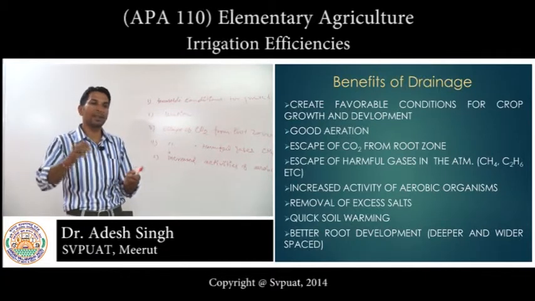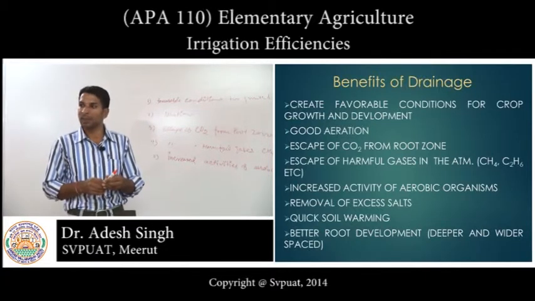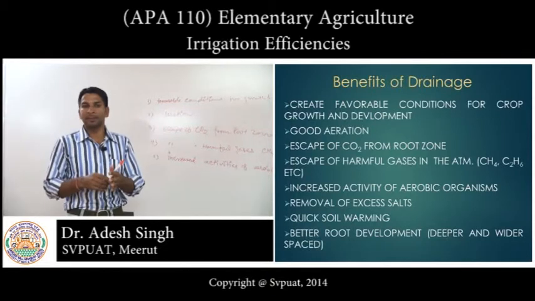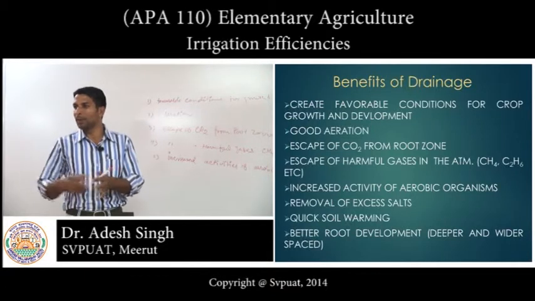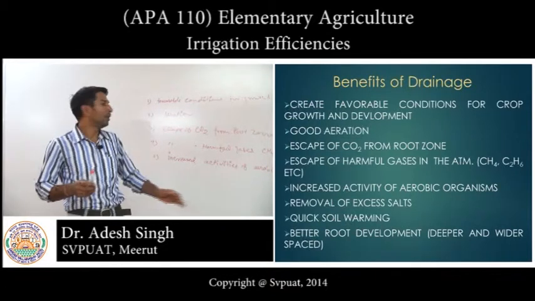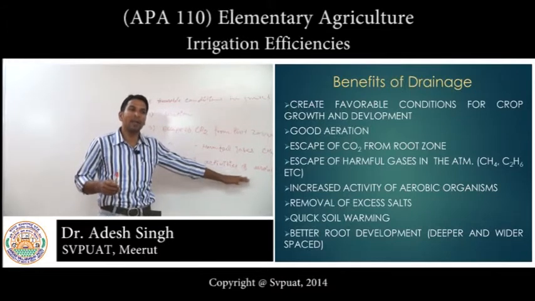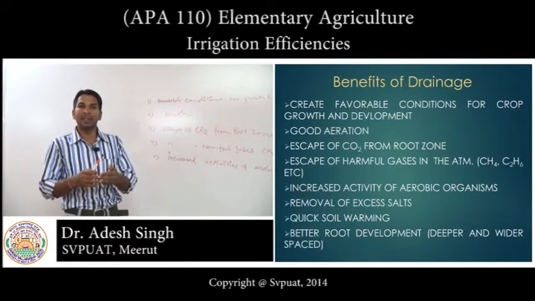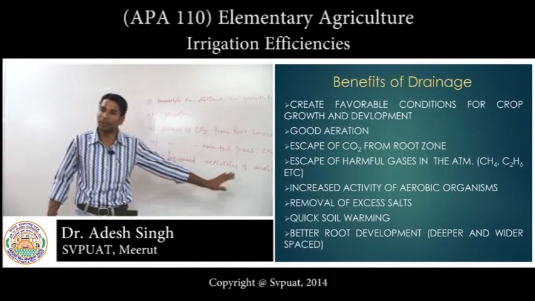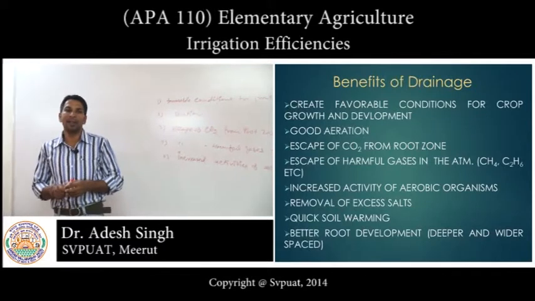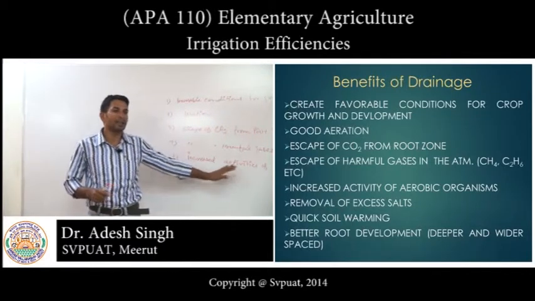For example, sulfur transformation and nitrogen transformation, meaning the conversion of nutrients from unavailable to available form, is mediated by the aerobic microorganisms. So the conversion takes place when these microorganisms function properly, which requires aeration.